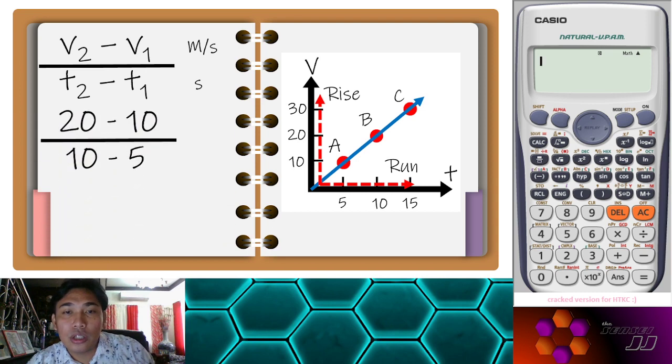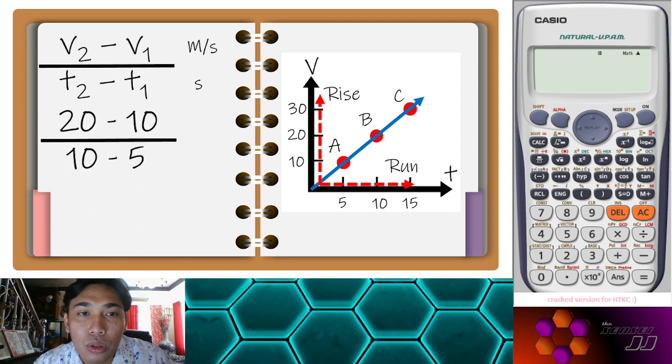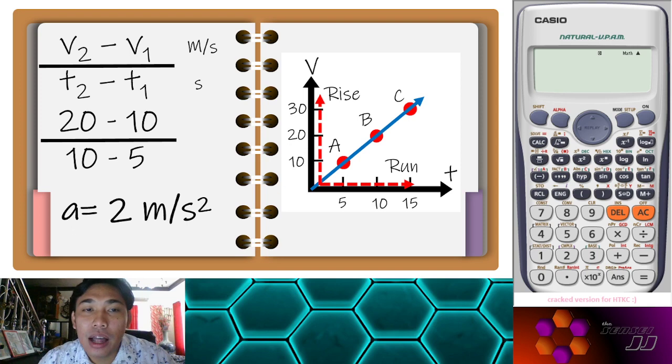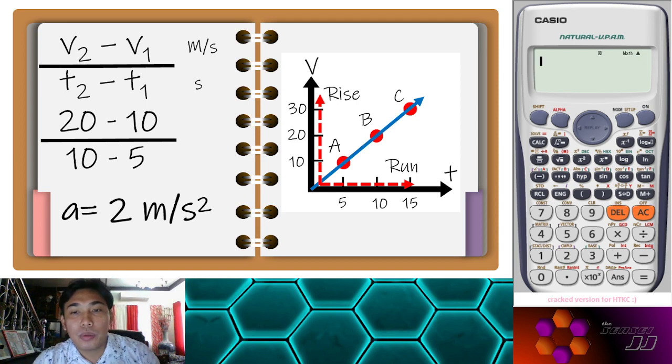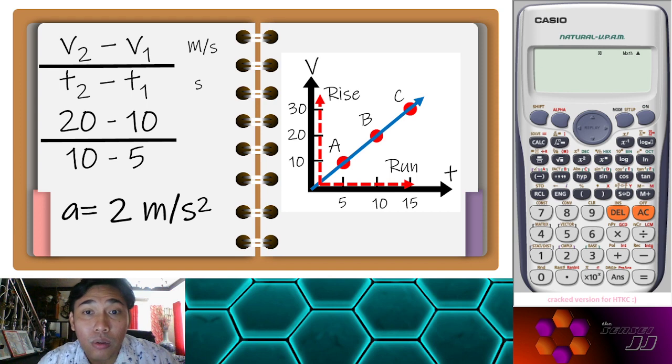Substituting the values, V2 is 20, which is point B. V1 at point A is 10. And time 2 is 10 seconds for point B and 5 seconds for point A. So we get the acceleration as 2 meters per second squared. Our object is accelerating at 2 meters per second squared based on our graph.